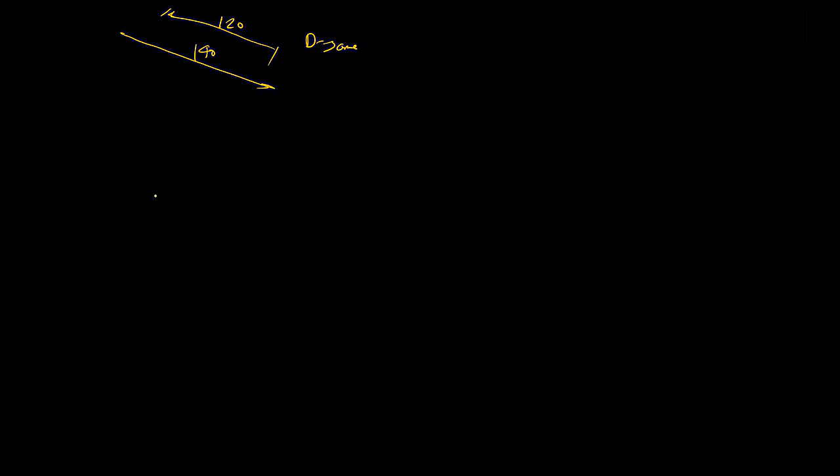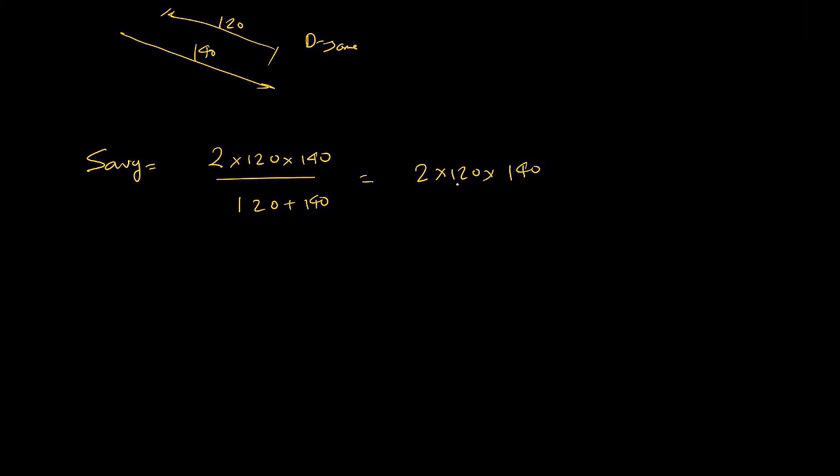This gives me the idea that the average speed can be calculated as twice of a into b upon a plus b. So 2 into 120 into 140 upon 260.